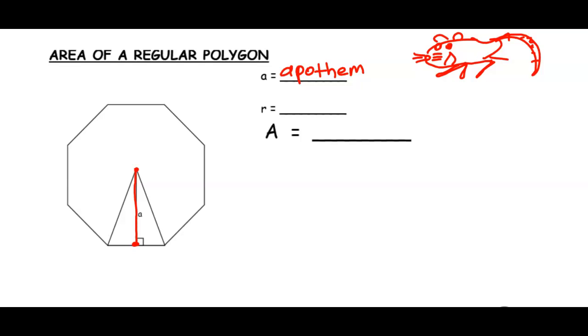Okay. Now R stands for radius, and they are different. Okay. So the apothem goes to a midpoint. Radius goes to a vertex. Okay. So you see how this A over here goes to a midpoint.